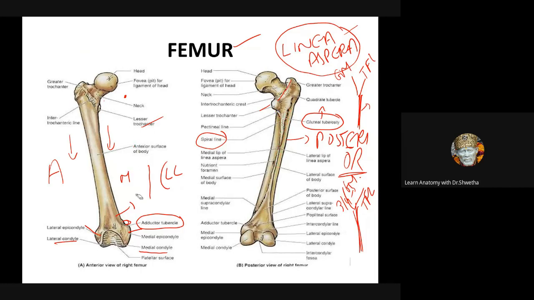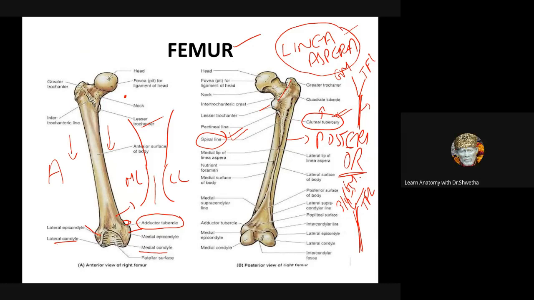See here, students, the linea aspera has a medial lip, a lateral lip and an intermediate area. The medial lip continues above as what, students? Spiral line. Very good. Laterally it continues as gluteal tuberosity.